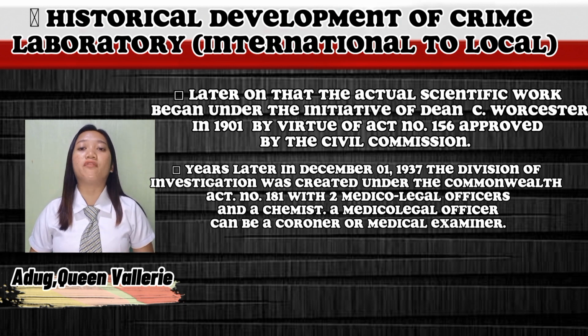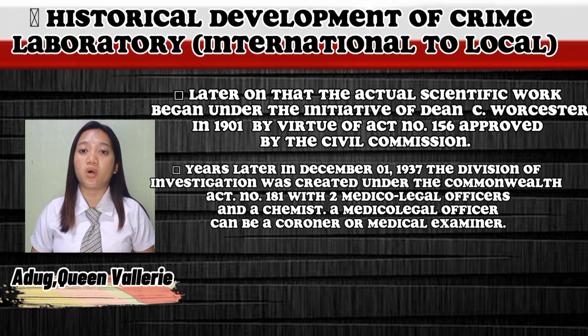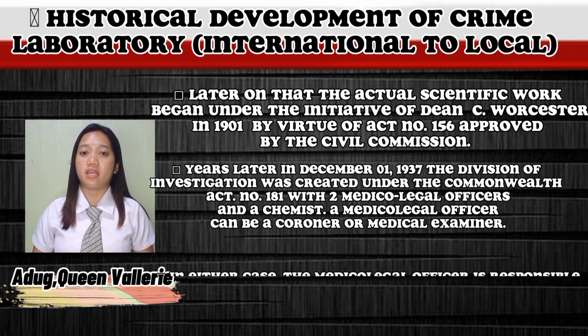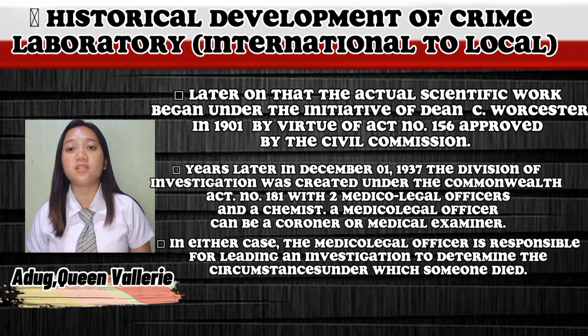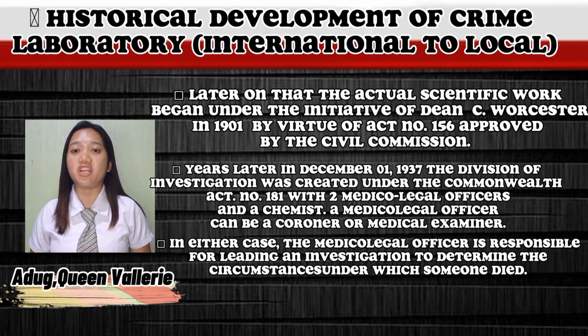A medico-legal officer can be a coroner or medical examiner. In either case, the medico-legal officer is responsible for leading an investigation to determine the circumstances under which someone died.